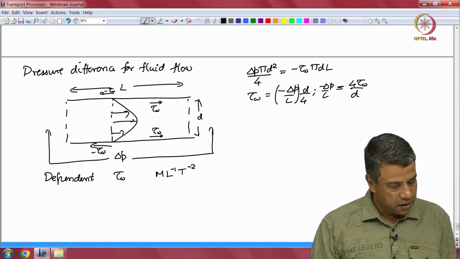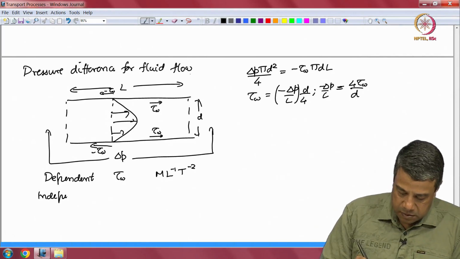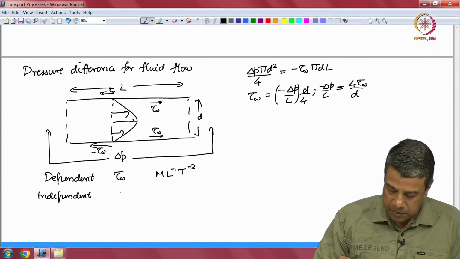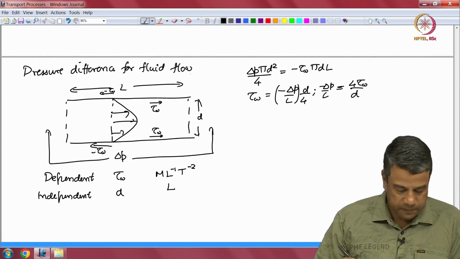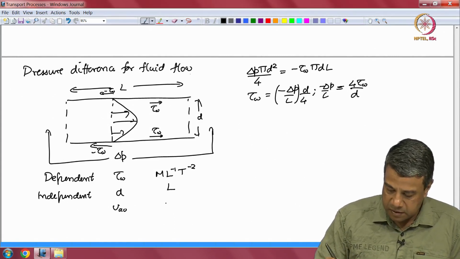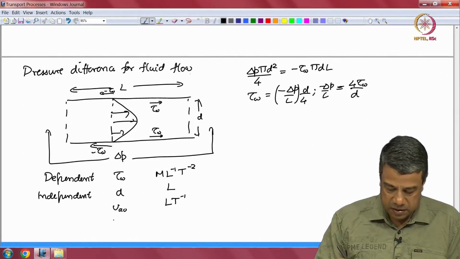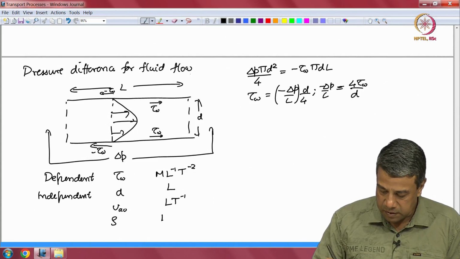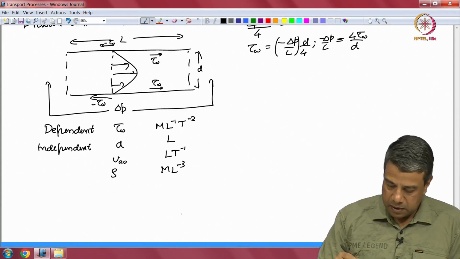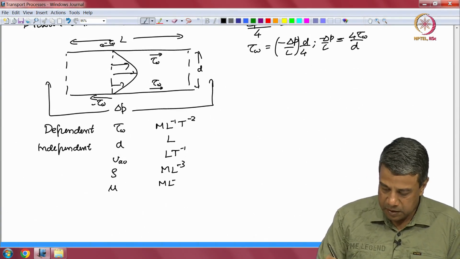And the independent quantities are the diameter d with dimension L, the average flow velocity V with dimension L T inverse, and the fluid density rho with M L power minus 3 and viscosity mu with M L inverse T inverse.